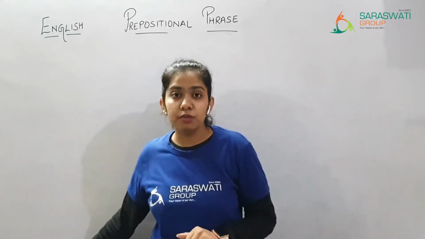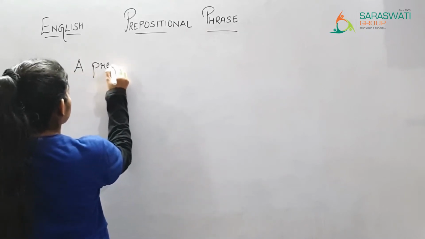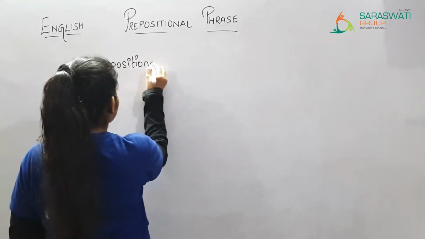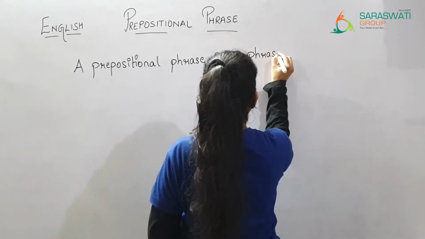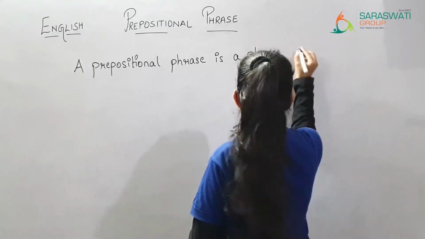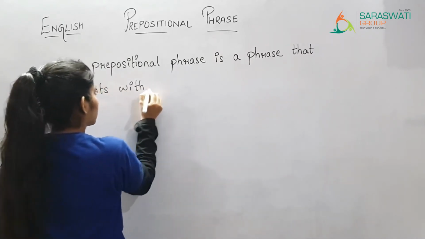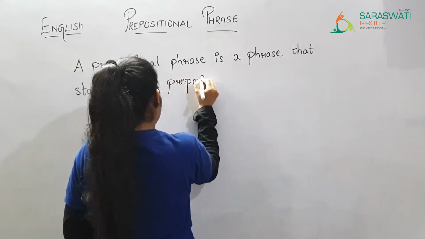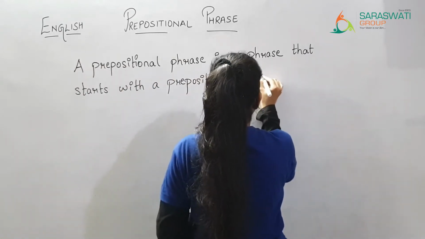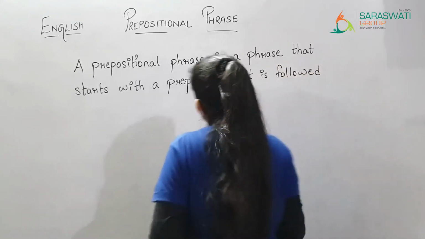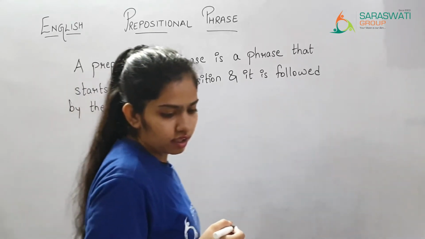Now let's see what we mean by prepositional phrase. A prepositional phrase is a phrase that starts with a preposition and it is followed by the object of the preposition.